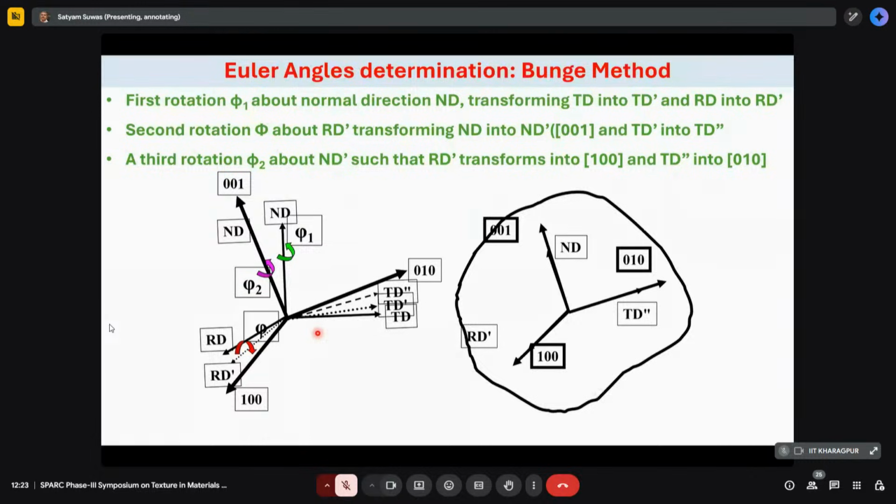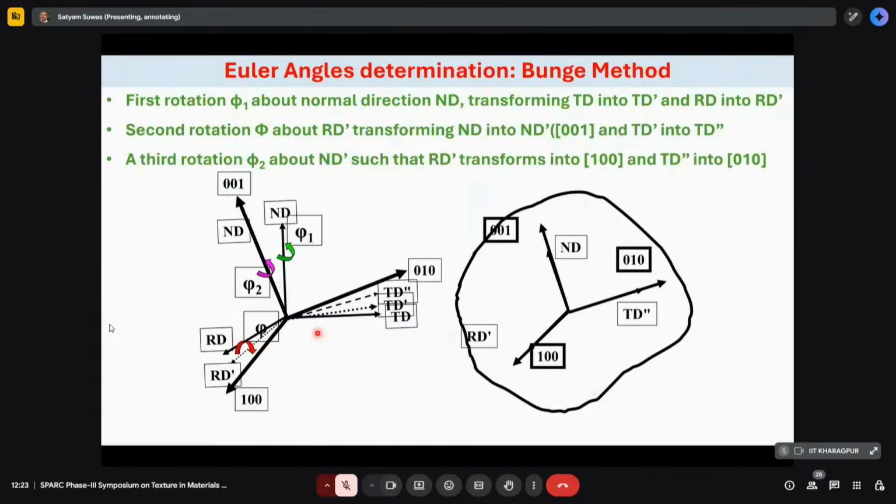Similarly, a grain embedded in the body, its orientation can be described with respect to the specimen frame of reference by using 3 angles. For example, I'll give you this example. This is again my phone, and this is the crystal.